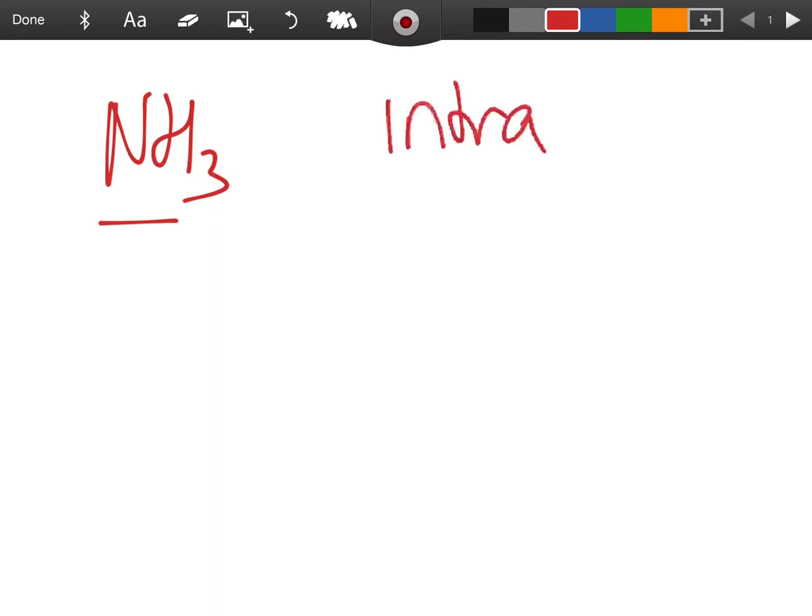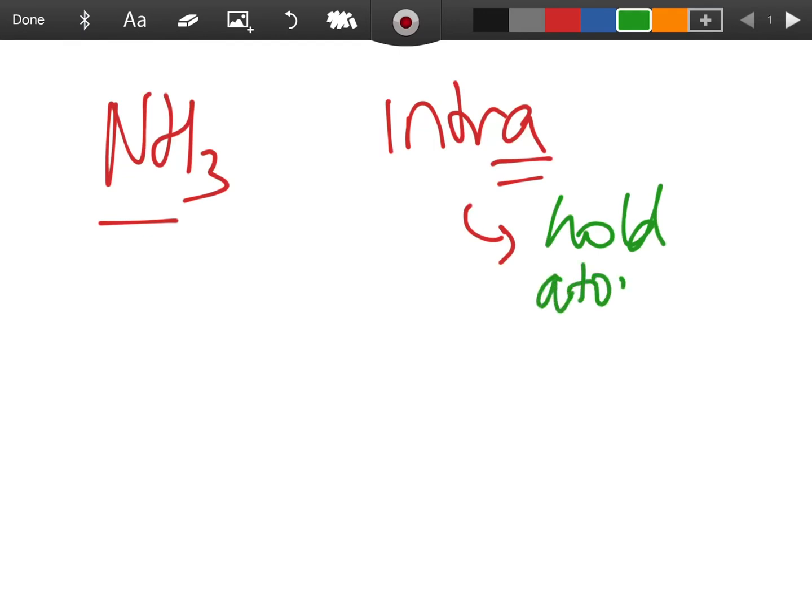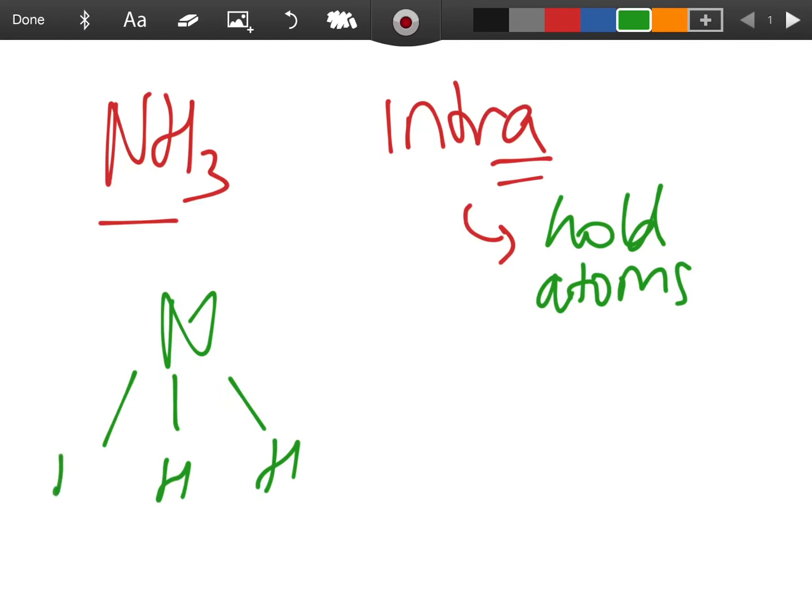Question 2, then they ask you to identify in ammonia, so ammonia is NH3, the type of intramolecular bonding. Now remember that intramolecular bonds are bonds that hold the atoms together within the molecule. So you have 3 bonds there holding the nitrogen to the hydrogen atoms in the molecule.